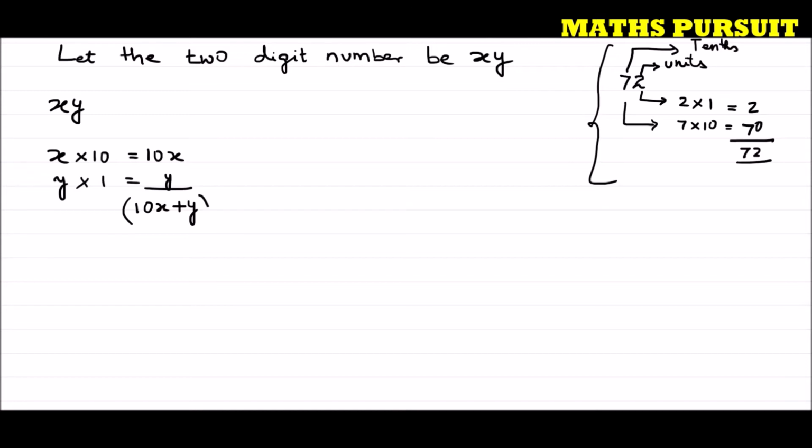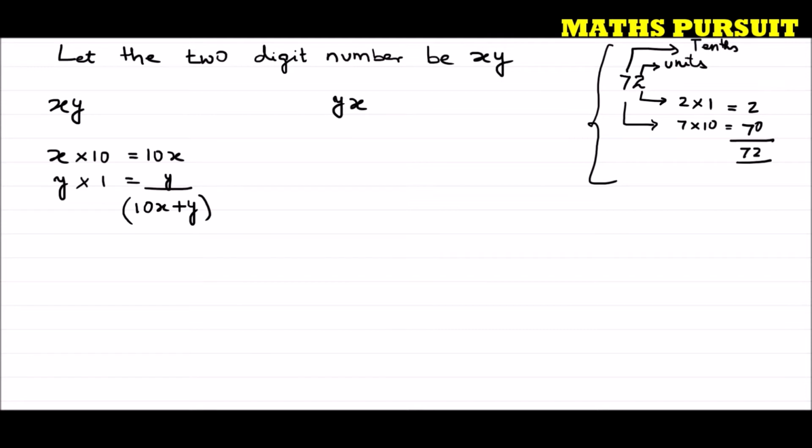I hope we are very clear here, because I gave you an example of 72. Similarly, if our number is xy, this number is going to be 10x plus y. Instead of xy, we need to consider the number as 10x plus y. And when we interchange the digits, because the question is also talking about interchanging, let us note down how it will look.